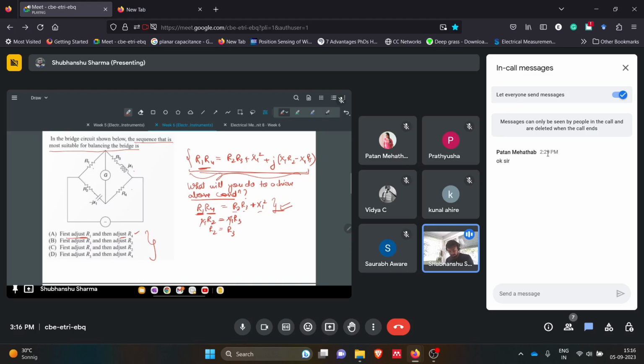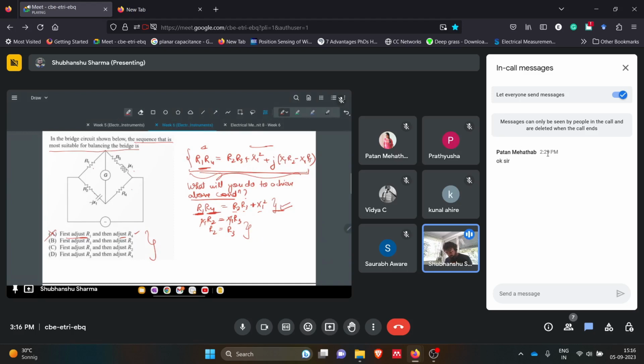For the balance condition, the real and imaginary parts should be equal on both sides. Although we adjusted R1 and then R4, we didn't do anything about the imaginary part of this equation. So how will we balance the imaginary part? We won't get the balance condition for the imaginary part, so we cannot do this.